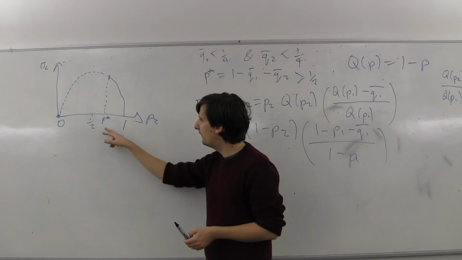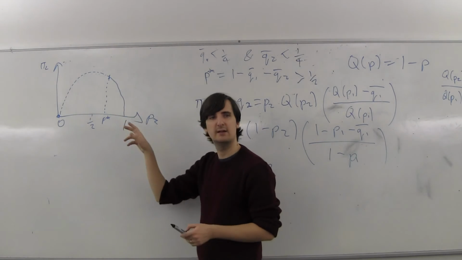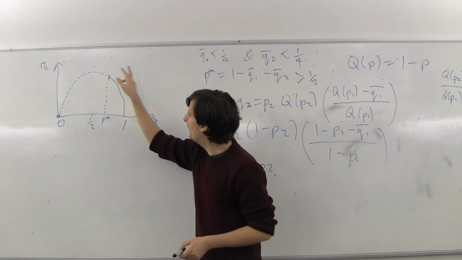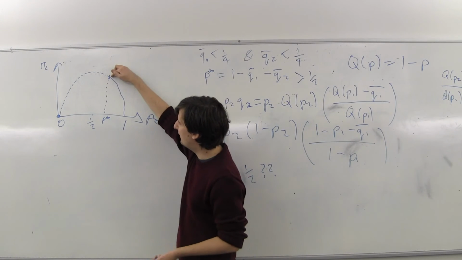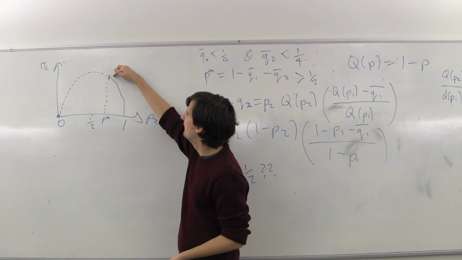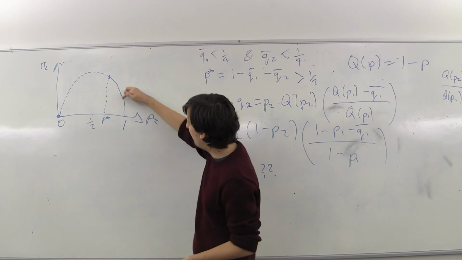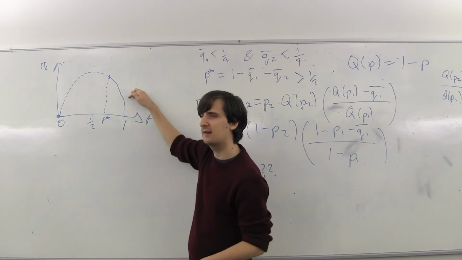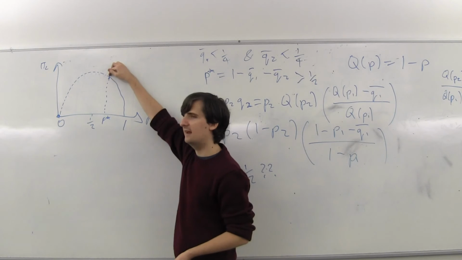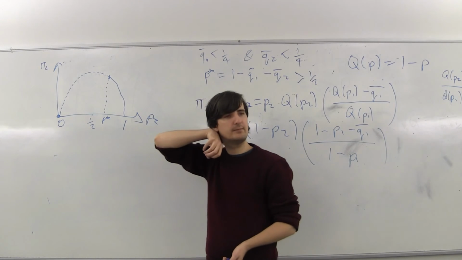So the firm isn't going to want to deviate here. Its profit function looks like this. It's starting out at a point here. These are the possible profits it can get. You can't do any better than staying at the point where it currently is.